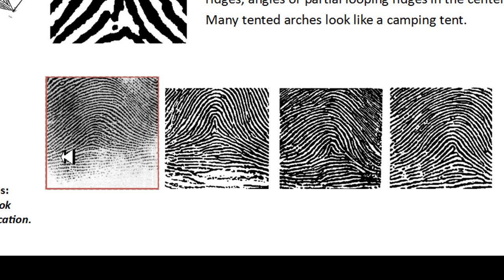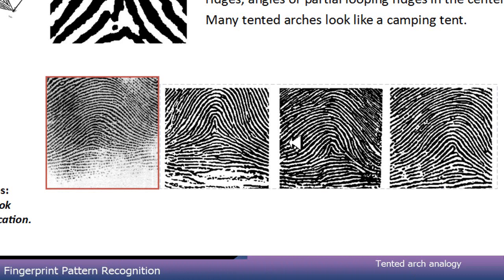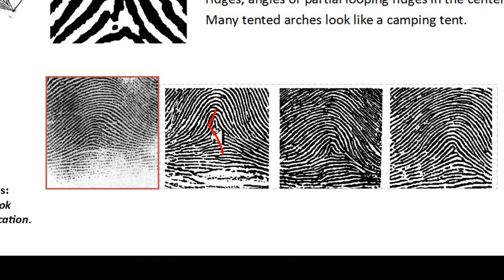In the arch here, it simply rises like a hill. But in these tented arch exemplars that I have here, there is not such a rise. There actually are some specific ridges which are rising sharply and what we call upthrusting, or an ending ridge that is stopping in space, making a point.